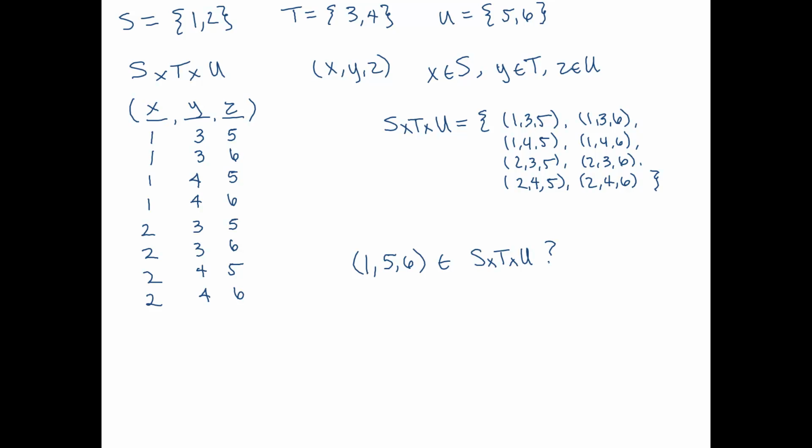Well, if it is, then 1 must be an element of S, and 5 must be an element of T, and 6 must be an element of U. So is this true? 1 is an element of S, that's true. Is 5 an element of T? No. And is 6 an element of U? Yes. But since this was not all true, the triple 1, 5, 6 is not an element of this set. So the answer is no, that's not an element.